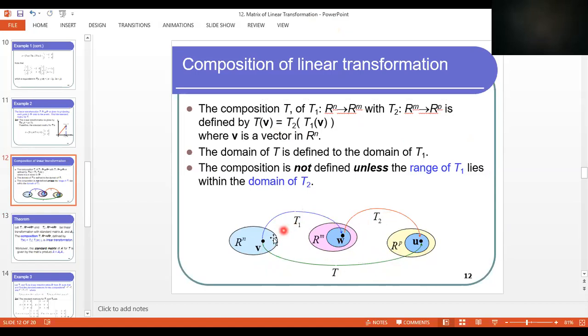If you apply T1 on V, you will get W, and if you apply T2 on this W, you will get U.